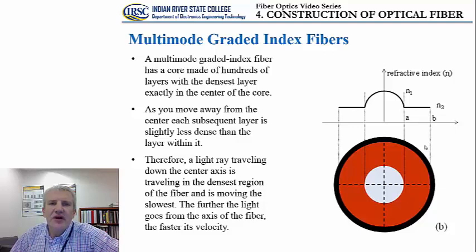Let us now talk a little bit about a different type of multi-mode optical fiber: the graded index optical fibers. In this case, we said that the core is made out of hundreds of layers, each having a specific index of refraction. The index of refraction is changing as we move from the center of the core towards the edge.